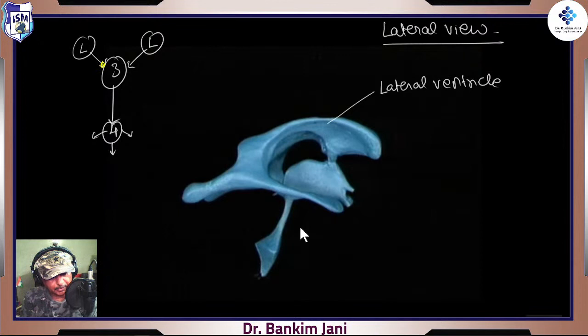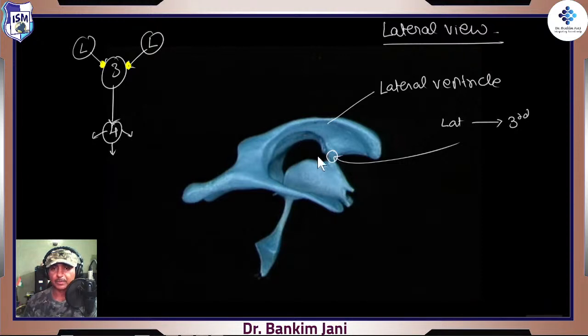Now we are talking about these foramen. Which foramen is this? It is here. That's the foramen which is between the lateral ventricle and the third ventricle, opening into the third ventricle.